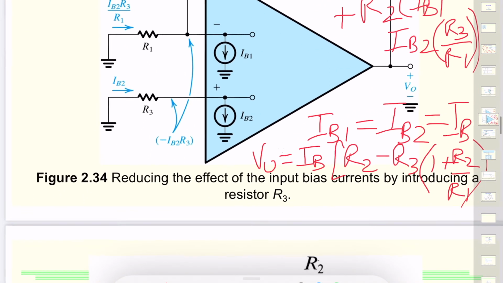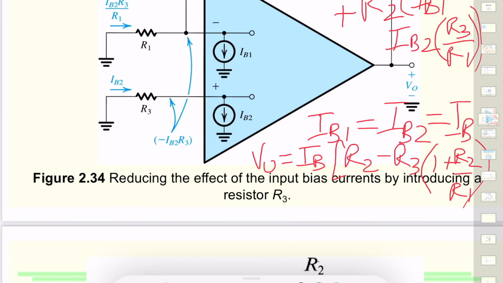And V naught, or output, can be made zero by selecting specific resistances, which means that by choosing careful resistances, we can get rid of the signal at the output that would come because of these currents, the input bias current. So we would take non-ideality back.